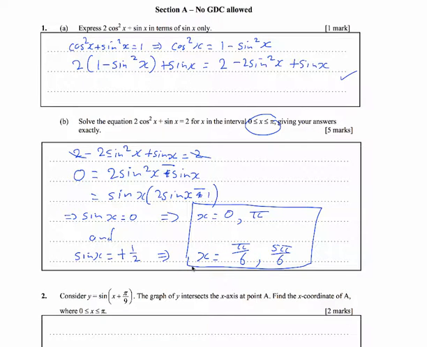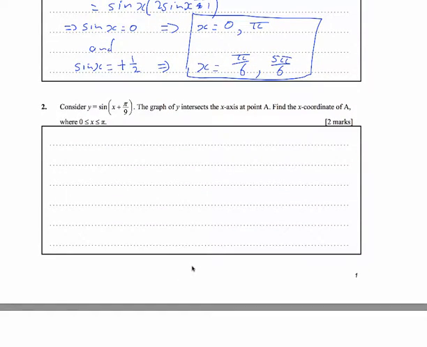Good. Let's continue. y equals sine of x plus pi by 9. The graph of y intersects the x-axis, so that is y equals 0, at point A. Find the x-coordinate of A in 0 to pi. So 0 is sine of x plus pi by 9.